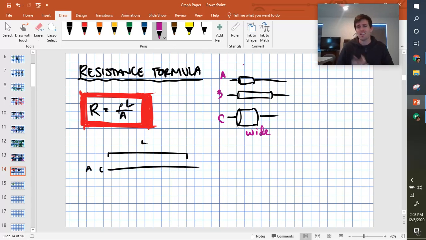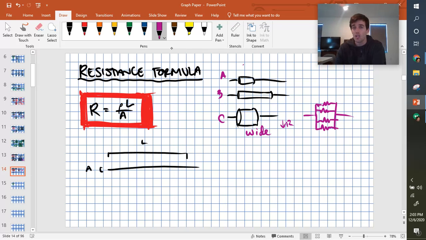Because it's very wide, we can think of it as being similar to a lot of resistors in parallel, because each channel of material that different electrons could go down is basically a new path that they could take. And as we add more paths, as hopefully you've already recognized, parallel circuits have lower resistance. So this wide resistor behaves kind of like a parallel circuit and would have a very low resistance.